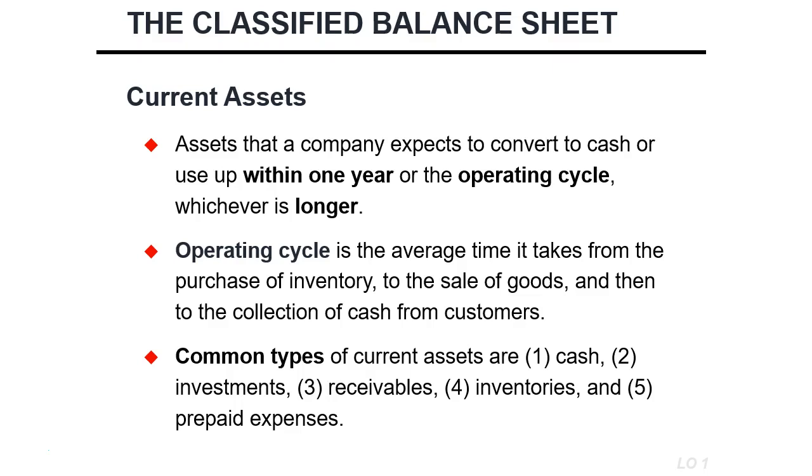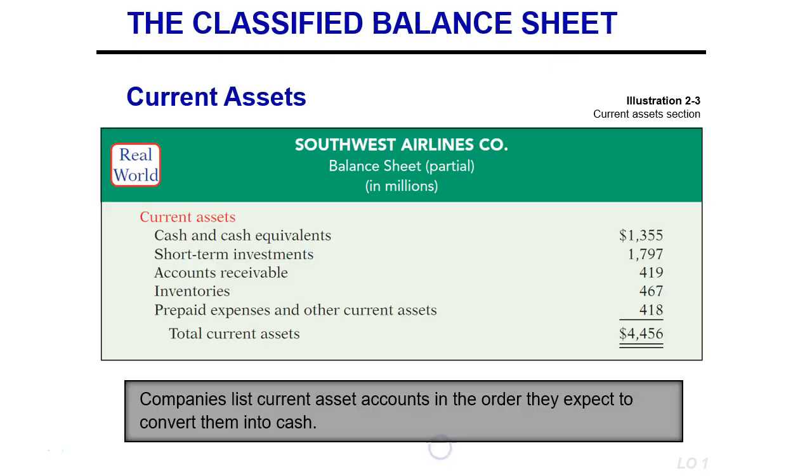These are really expenses that have been paid for in advance, which is why they are prepaid expenses. However, as long as the prepaid expense will be used up within 1 year or within one operating cycle, it qualifies as being a current asset on the balance sheet.